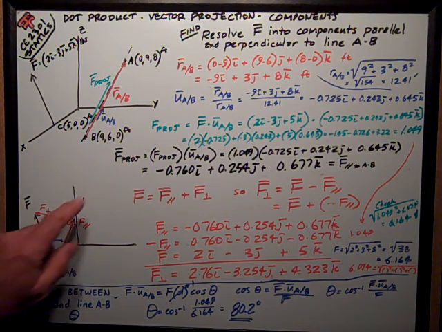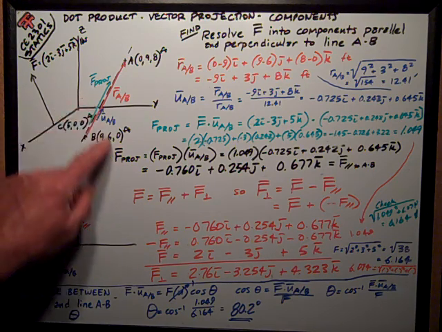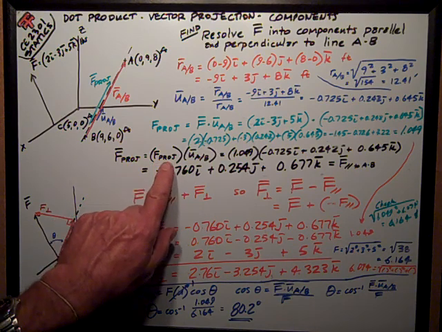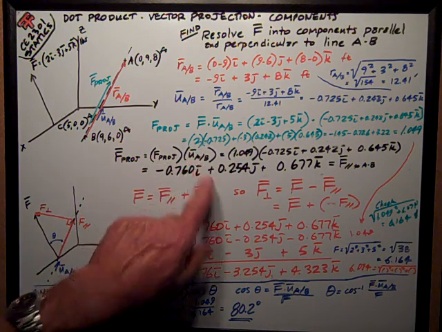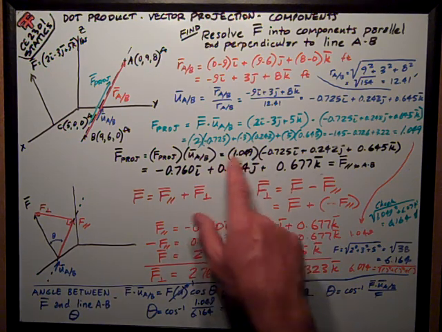So I want to express that as a vector, so I just multiply the scalar number F projected times my unit vector UAB. 1.049 is F projected.